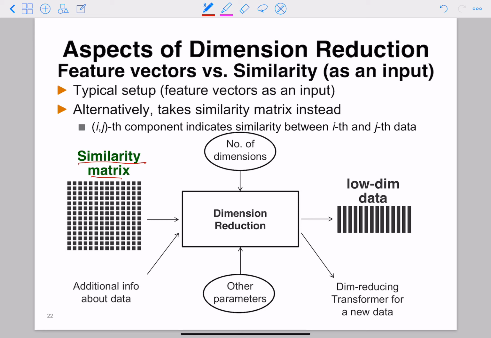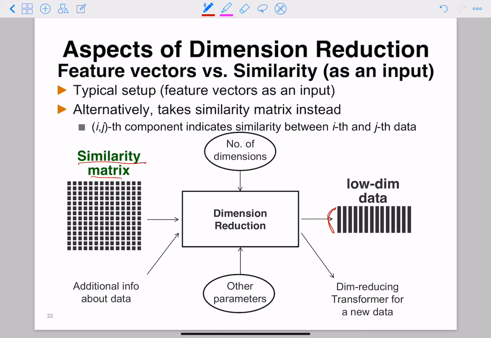In this case, we do not need or require the original feature vector representation at all, right? So it is not really reducing the original dimension. It just generates some multi-dimensional vector representation given this similarity input.